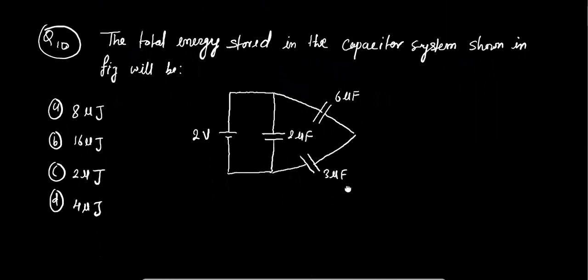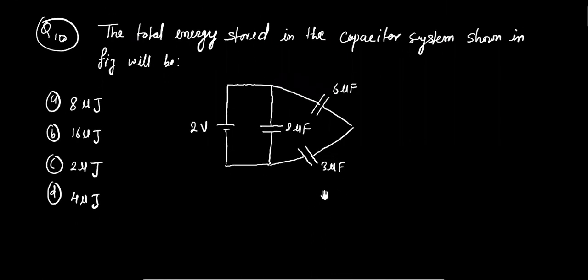Okay, now we are going to solve question number 10, and most probably it will be the last question for this particular video. The total energy stored in the capacitor system shown in the figure will be... So this is the applied potential, and we have to find the equivalent capacitance for this kind of figure.